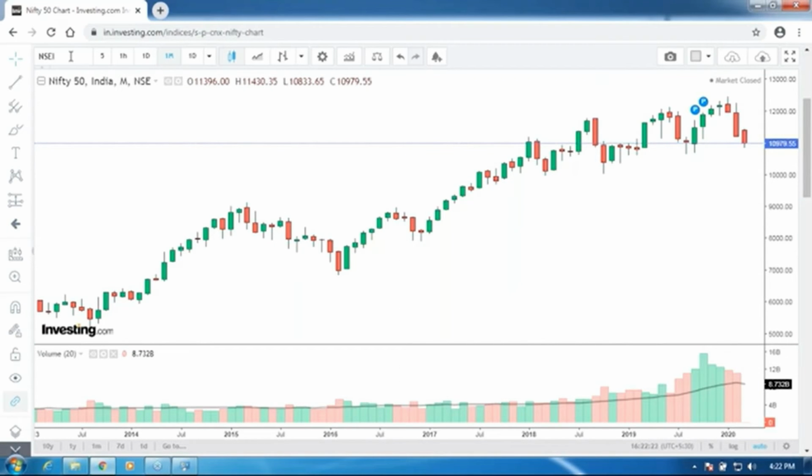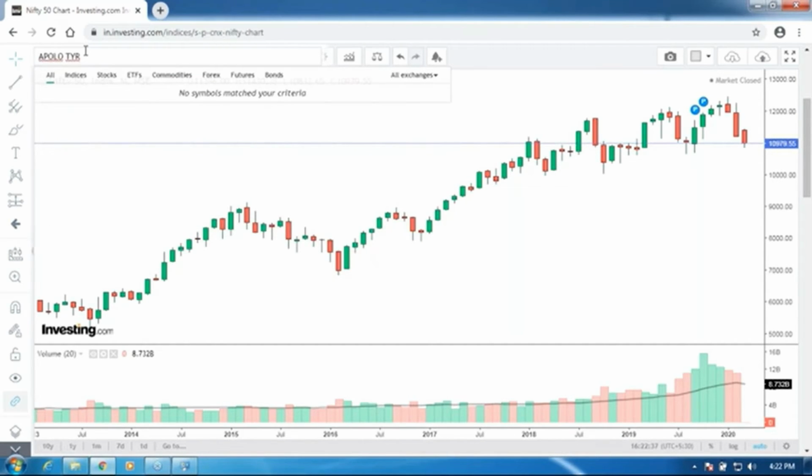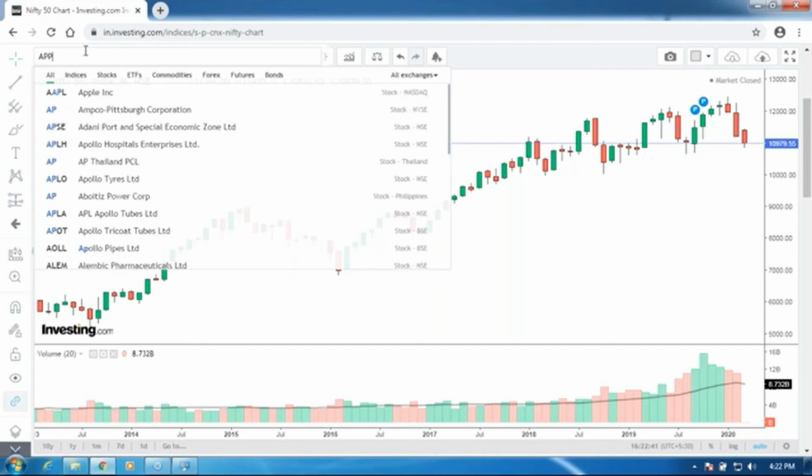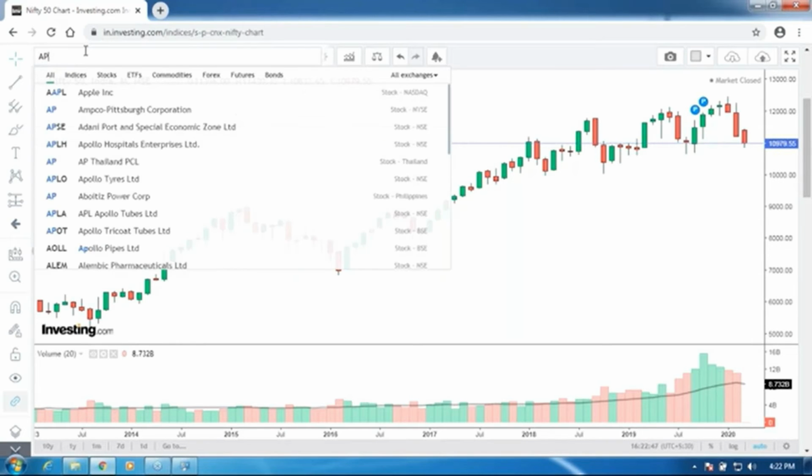Sometimes I remember I had a stock called Apollo Tires that decided to acquire a company called Cooper Tires. That was an American company that Apollo Tires once decided to buy. And because of that acquisition, the stock started going down.